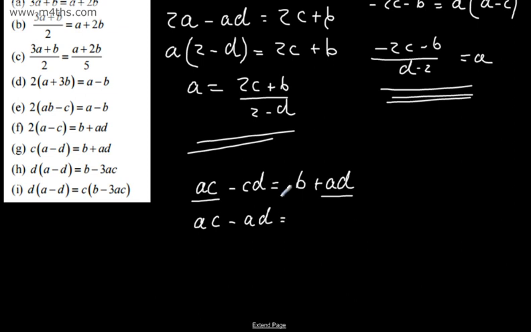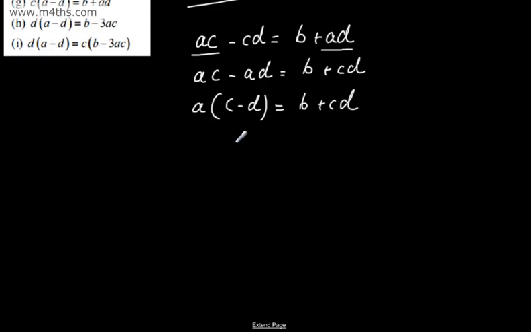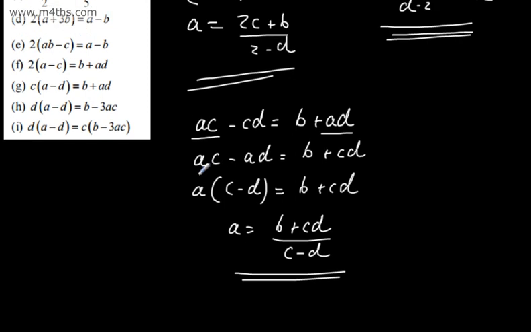And collect anything without an a on the right-hand side: b plus c multiplied by d. A is common here. We factor it, c minus d, and that's equal to b plus c multiplied by d. I simply divide through by the content of the bracket, b plus cd divided by c minus d, and that has made a the subject of the equation.